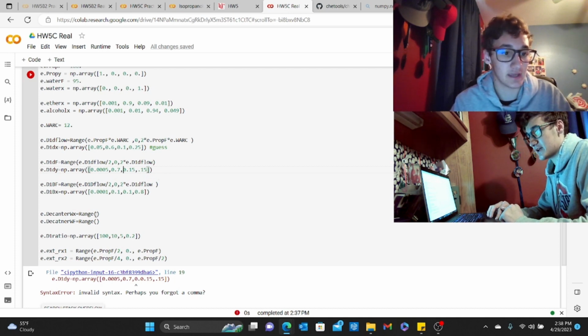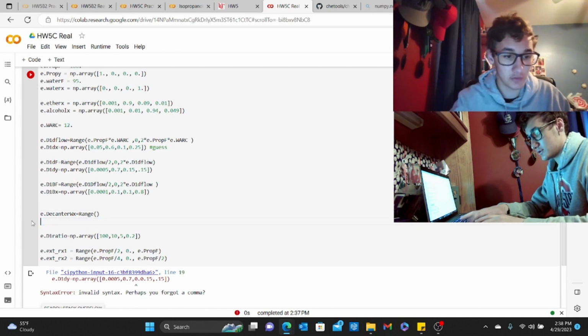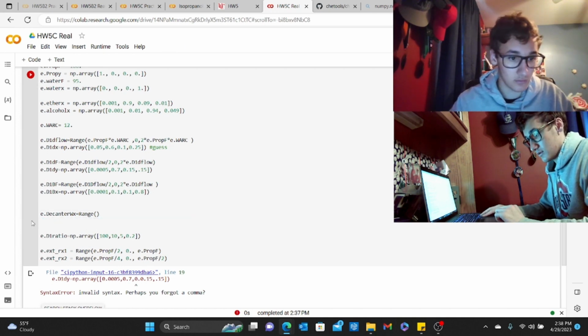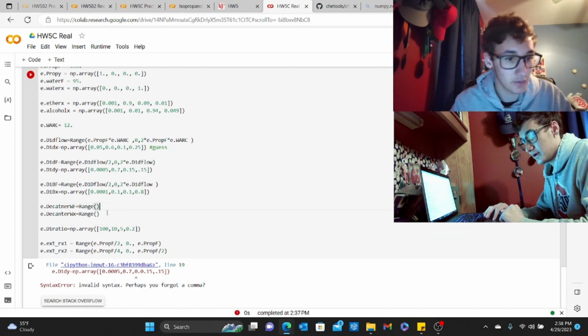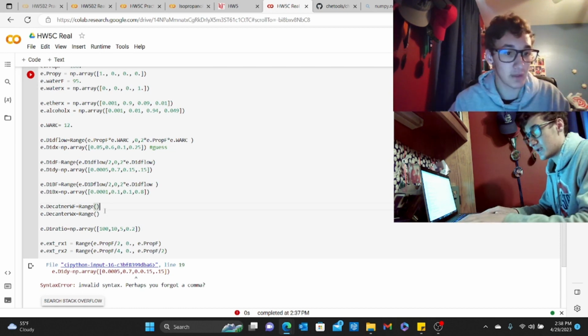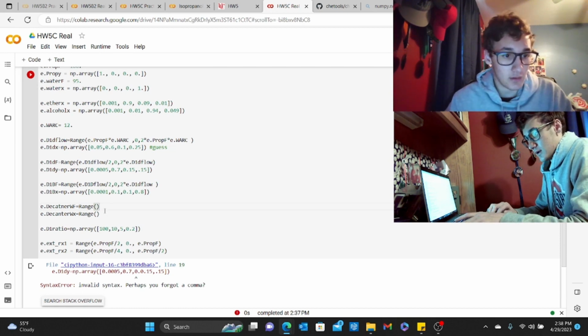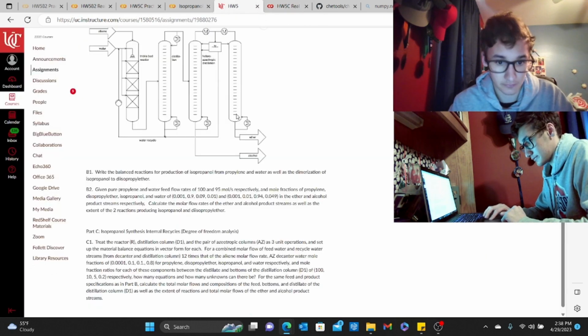Now we can do our decanter W. So this is going to be our, I did it again, I want the flows above the mole fractions. It's just easier to read if it's all the same. So the decanter flow rate is going to be, is that given?